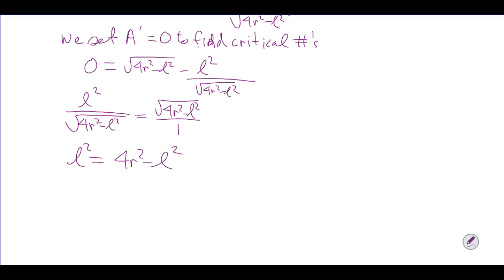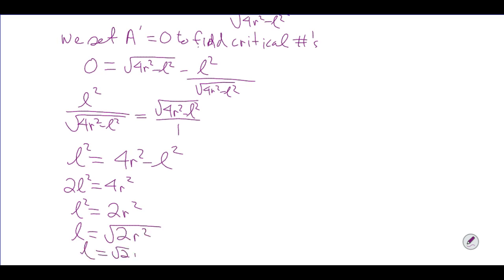So 2L squared is equal to 4r squared. Again, remember, we're solving this in general, so once we solve this, you can give any radius and just plug that in to figure out the length and the width. So L squared will be 2r squared, so L is root 2 times r. We now know that the length is the square root of 2 times the radius, whatever the radius is. Radius can be any number.